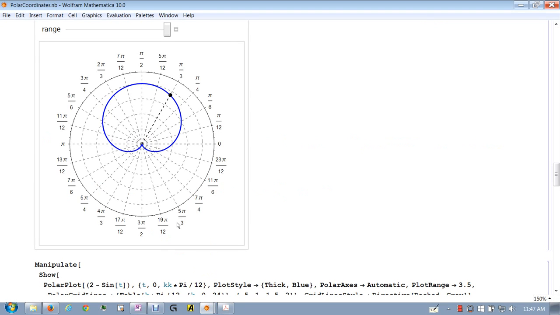So if we go here to the cardioid, pi over 2 is rotate by pi over 2, walk out how far? 2, and we're up here. And look, if you go there, don't you have a horizontal tangent line? Yes? But there's some other places, right? Down here and down here.